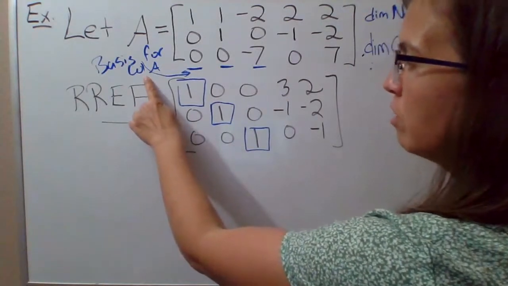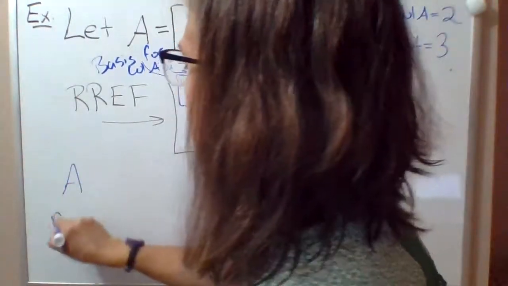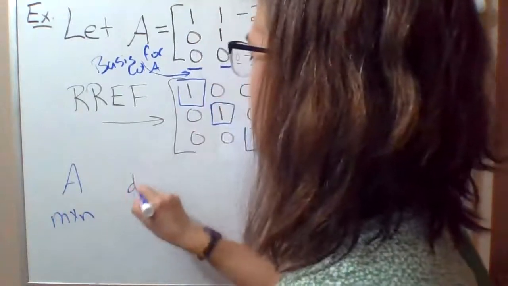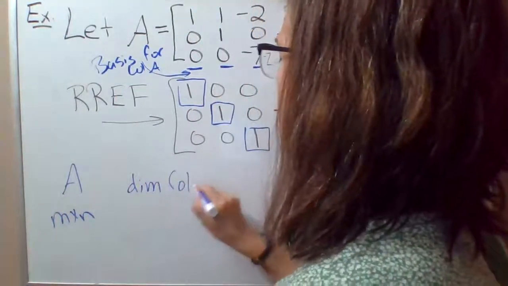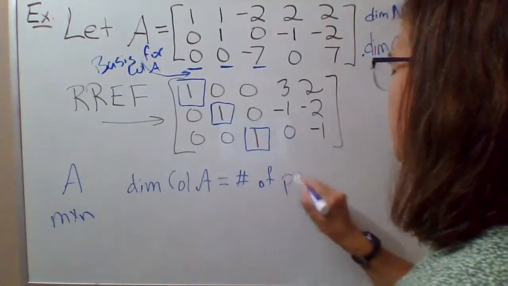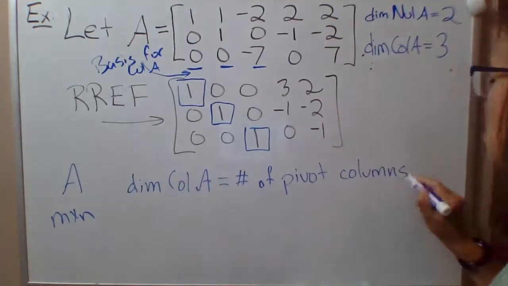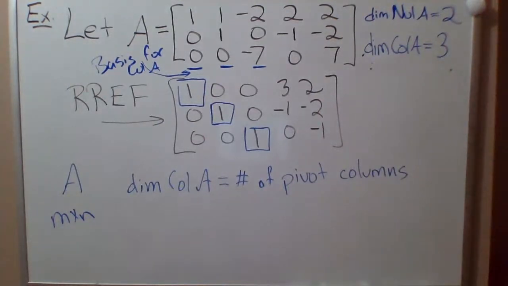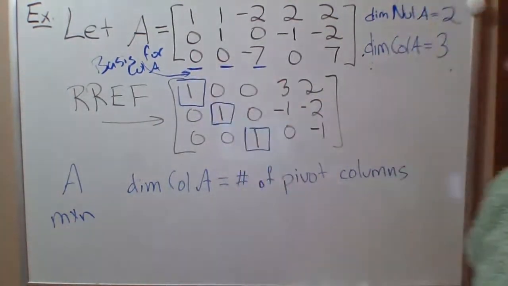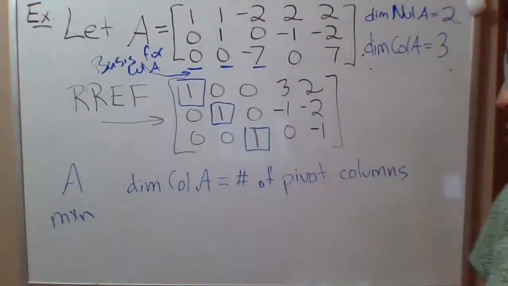So if A is any m by n matrix, the dimension of the column space of A is going to equal the number of pivot columns. Because that's just how we find a basis for the column space of A. You look at the pivot columns, you go to the corresponding columns of A. So the number of elements in the basis will always be the number of pivots.